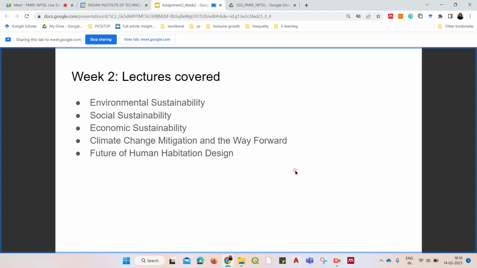You would have gone into a little bit of detail about how human habitats are designed, and with the way things are, and with all of the sustainability concerns surrounding environmental, social and economic sustainability, how human habitats can be designed in the future so that we do not follow a path which is not sustainable.